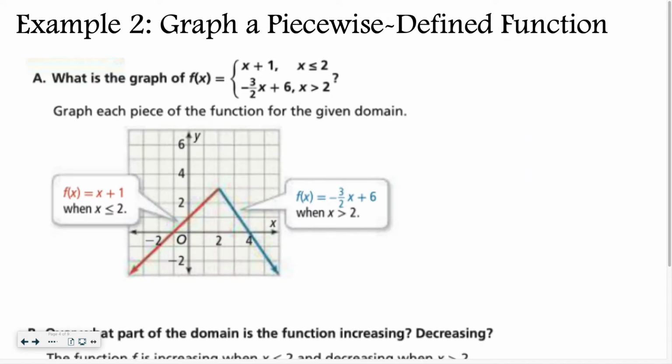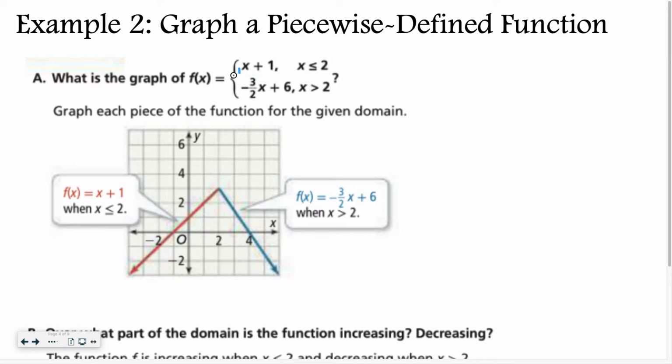All right, so what is the graph of f of x equals? What if we have more complicated lines where they're not exactly the same? So we have x plus 1 when x is less than or equal to 2.